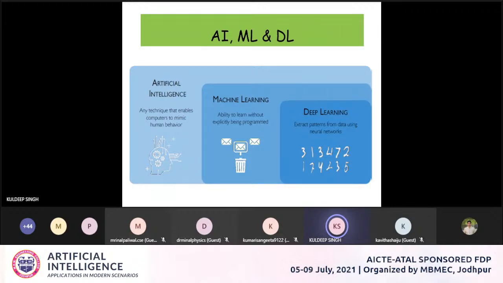Suppose we have to differentiate between an apple and a banana. So how does a human identify those? Maybe color is one of the options. The shape is another feature which we consider while differentiating between these two fruits.